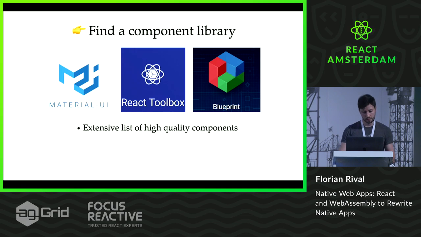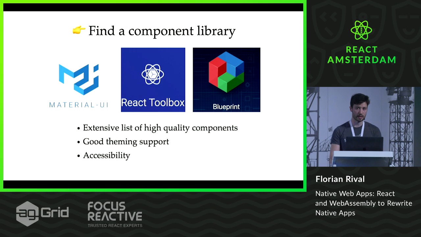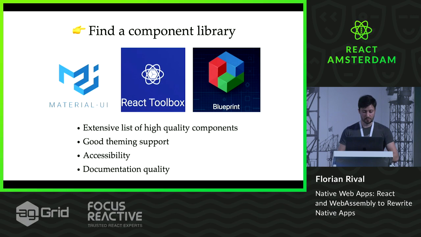You just want to be sure that you have an extensive list of high-quality components, good theming support, accessibility, and good documentation quality. I've been using Material UI because I'm again on desktop. It's a desktop application, and it had the most extensive list of components that I was looking for.